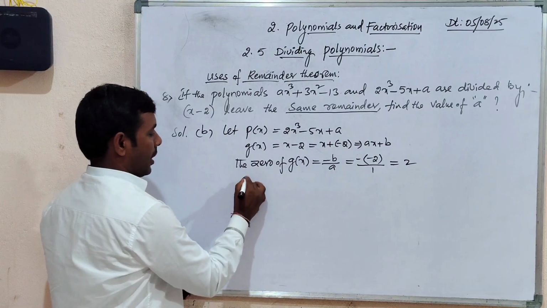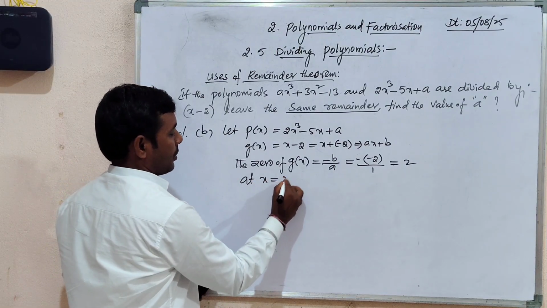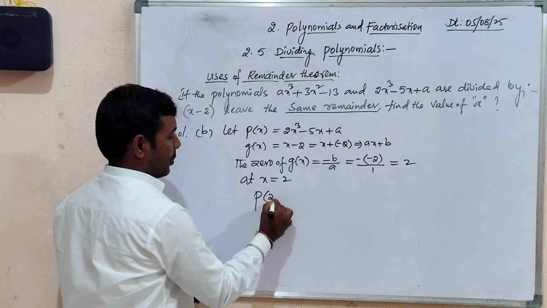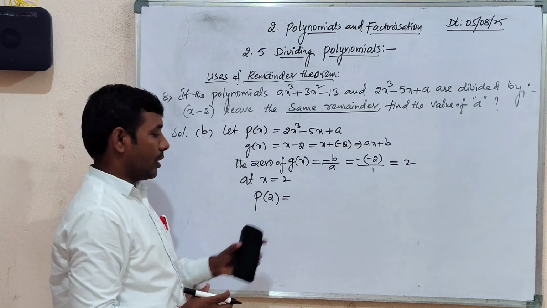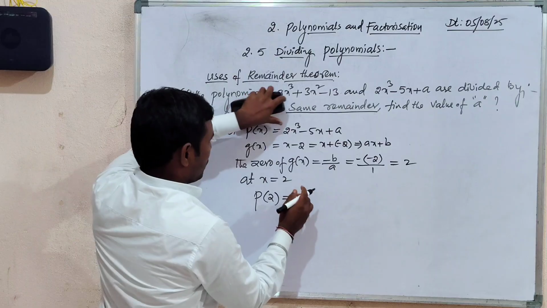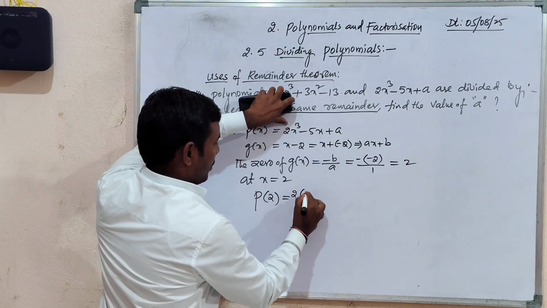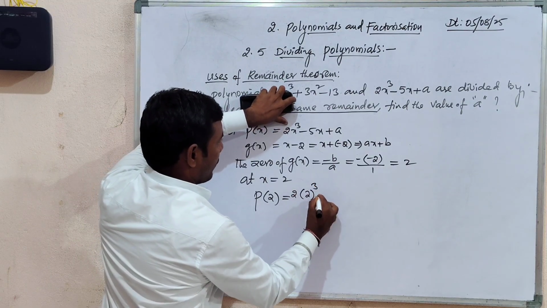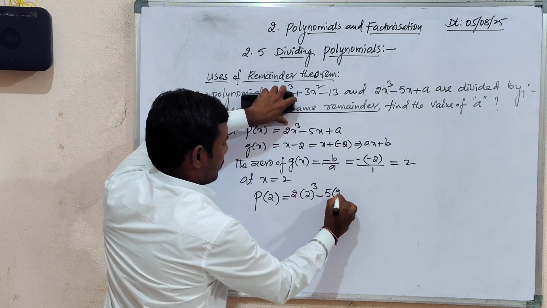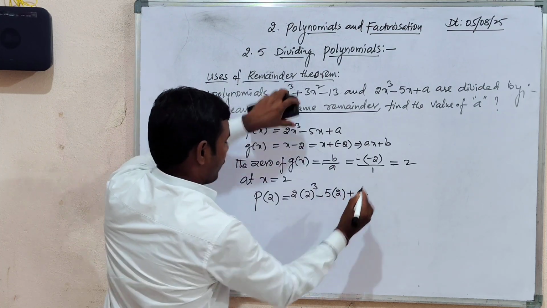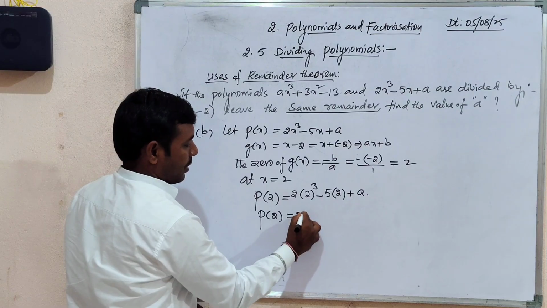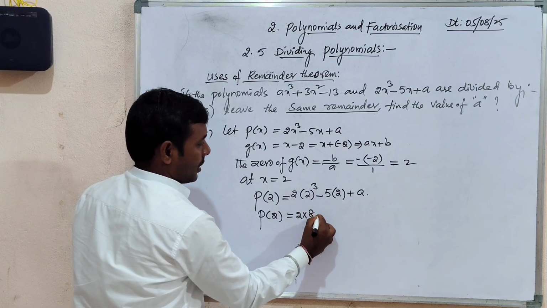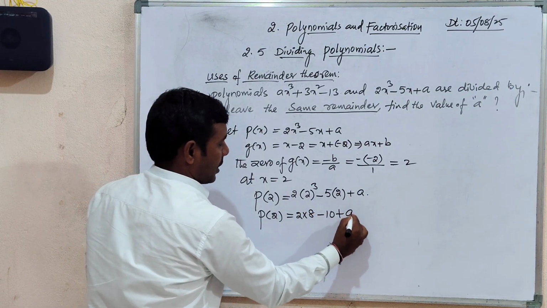Now x is equal to 2. Then P of 2 is equal to, substitute 2 into 2 to the power of 3 minus 5 into 2 plus a. Now P of 2 is equal to 2 into 2 power 3 is 8 minus 10 plus a.